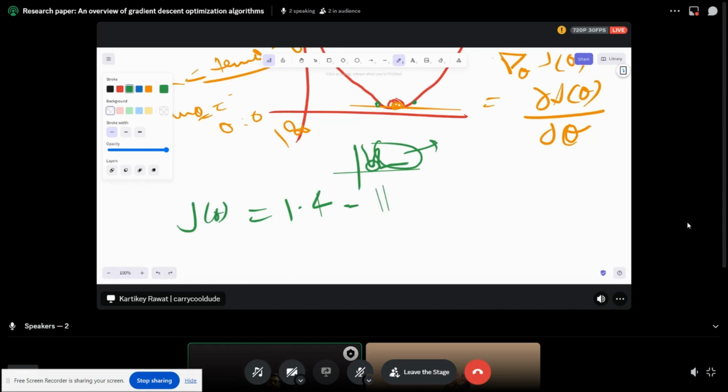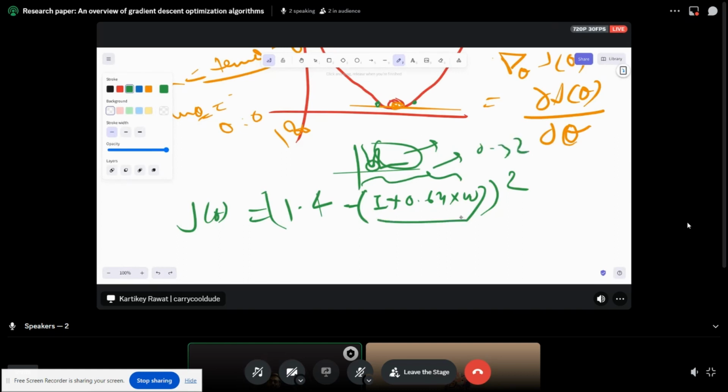But can we do it in that format, 1.4 minus 0.32, right? That is the value. But can we make it like this: intercept plus 0.64 into weight, and this whole squared, right? This is also something we can do, because this is what is defining 0.32. I just replace 0.32 with this thing.